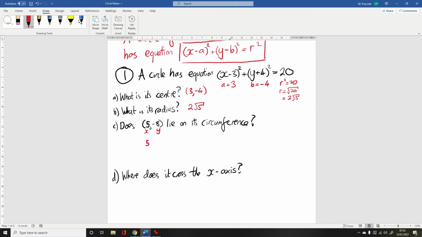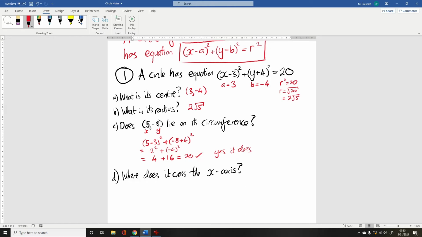We need to do (5 minus 3) squared plus (minus 8 plus 4) squared, and we need to hopefully get this to be equal to 20. So what would this be? This would be 2 squared plus minus 4 squared, which is 4 plus 16, which is 20. So it does lie on the circumference because it matches the equation that we had.